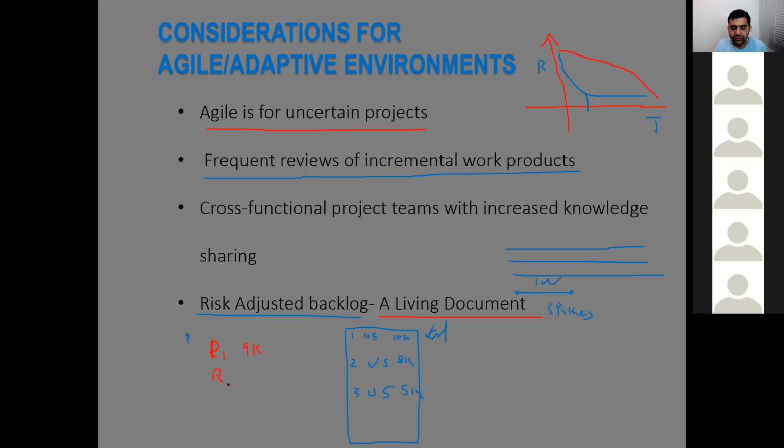The value of risk 2 is, for example, 7K, and so on and so forth. What we do is put these risks into our backlog. We first complete the user story, then we mitigate or eliminate the risk. We work on that first because of the 9K value. And then user story at 8K, risk at 7K, and so on and so forth. This concept is called the risk-adjusted backlog and is normally used in the agile way of working.